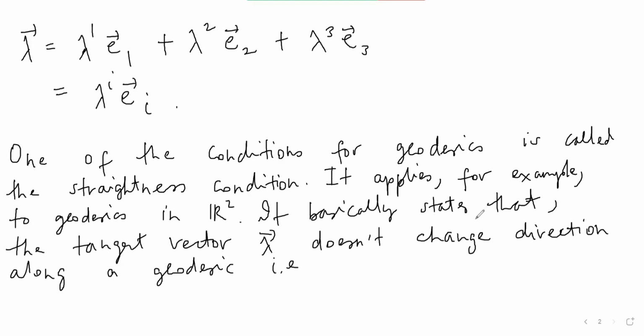So now, what does this straightness condition imply? Well, it implies the following. The rate of change of the tangent vector with respect to the arc length is equal to 0.